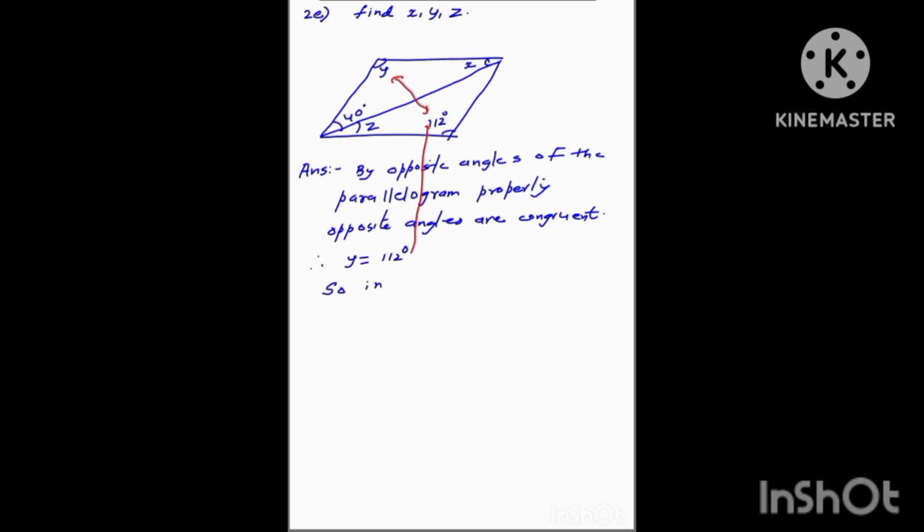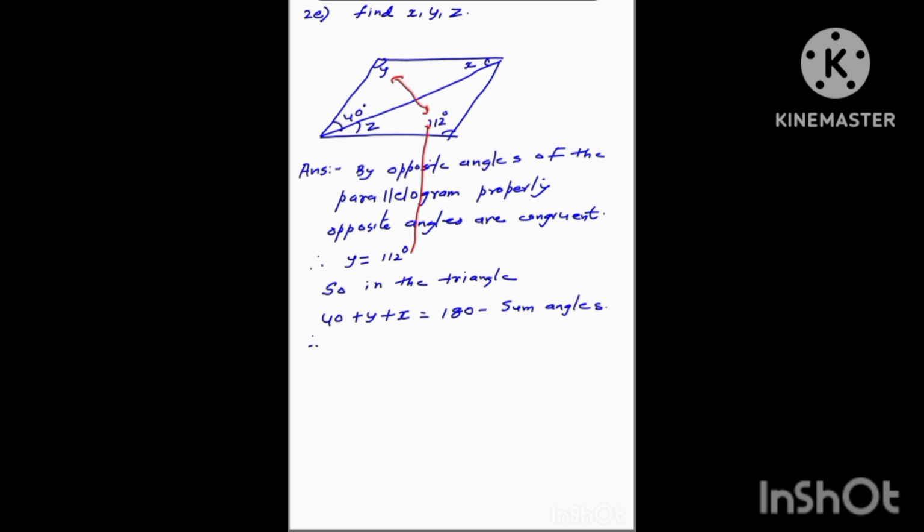Now look at the triangle where y is. The sum of the measures of the angles of a triangle is 180. We will be using that very famous property. So 40 plus y plus x equals 180.